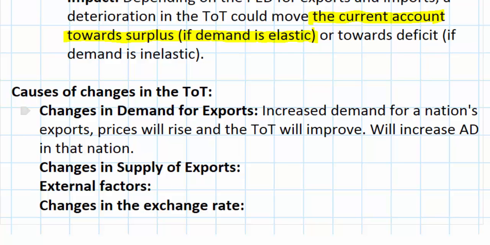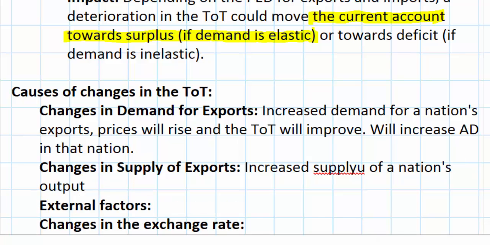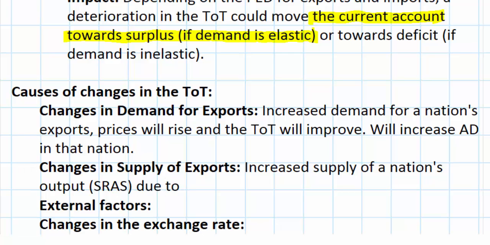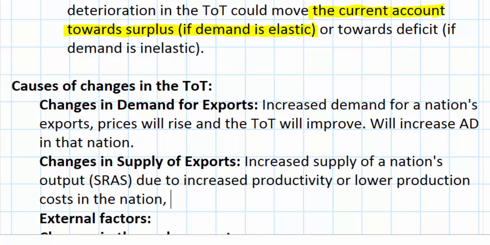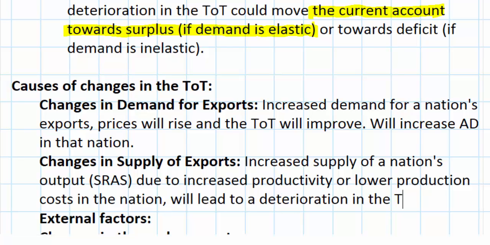Changes in the supply of a country's exports can also affect the nation's terms of trade. So increased supply of a nation's output, in other words, short-run aggregate supply, which is a concept learned in macroeconomics, may arise due to increased productivity or lower production costs in the nation, and will lead to a deterioration in the terms of trade.